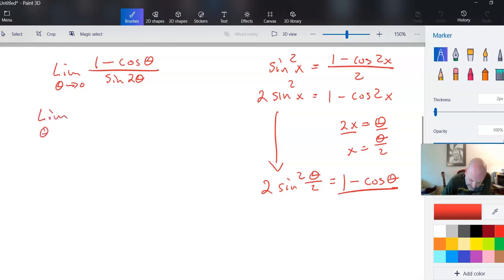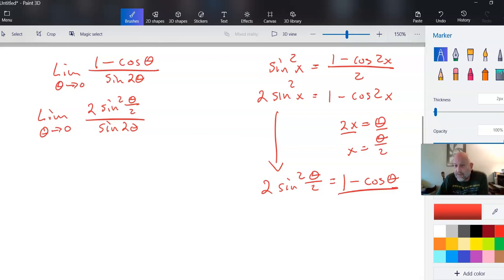I can make that substitution now. Then we have the limit as theta goes to 0. And I'm not using 1 minus cosine theta anymore. It is now 2 sine squared theta over 2 divided by sine 2 theta. Well, interesting.